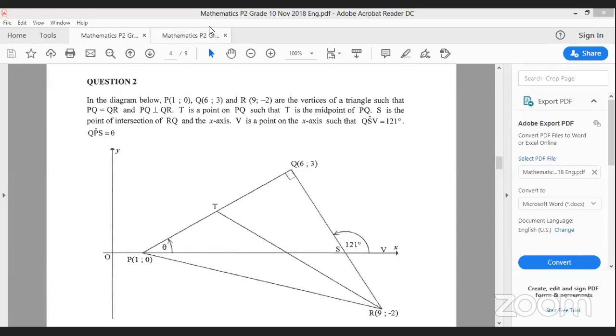What does the sign stand for? I want everyone to tell me. Yes, perfect, perpendicular.